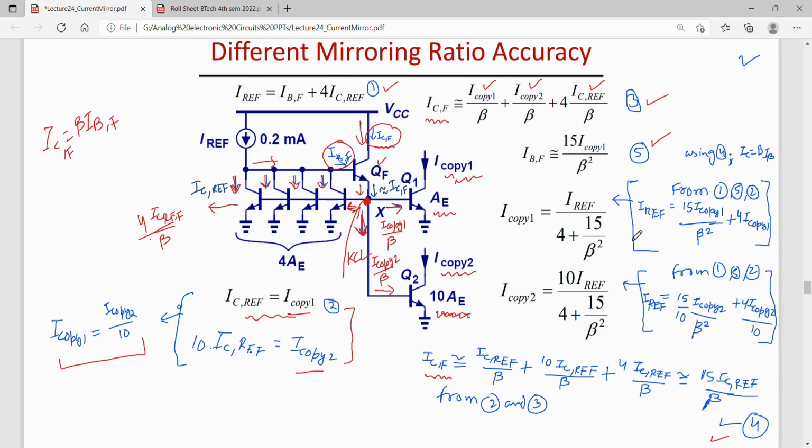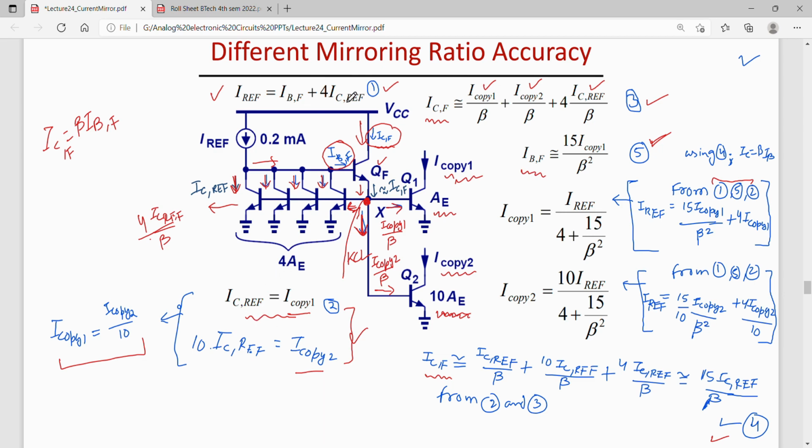Now from equations 1, 2 and 5, that is, one is this IREF, I'll put IBF, which is obtained here, and ICREF, which is I copy 1.